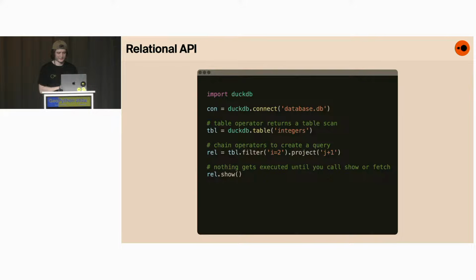And the cool thing about this is that you can focus on just composing your query imperatively, like it was a data frame, right? But DuckDB still has access to the entire query plan once you call show. So DuckDB can use all of the different optimizations and query rewriting and reorder your operators to be more efficient. And you don't have to think about that. You just write it as you want to.